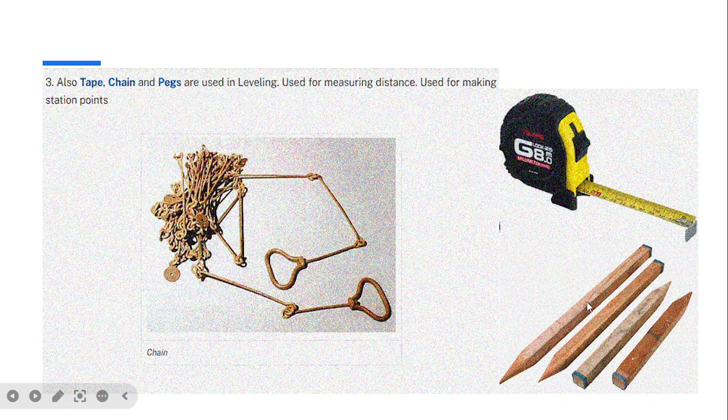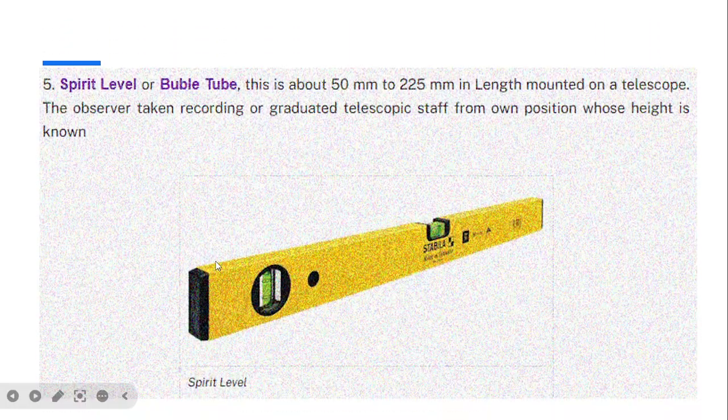As you can see, the pegs are used to mark the station points, and the tape and chains are there to measure the distances. You can use these as well when carrying out the leveling survey, as we used them before in the chaining survey. Hope that's clear.